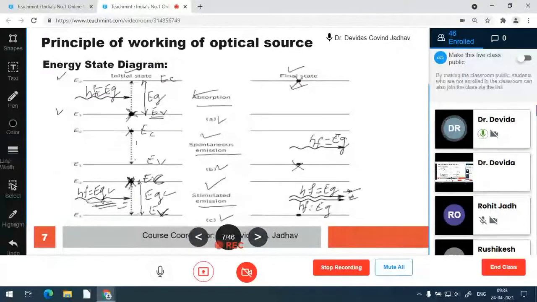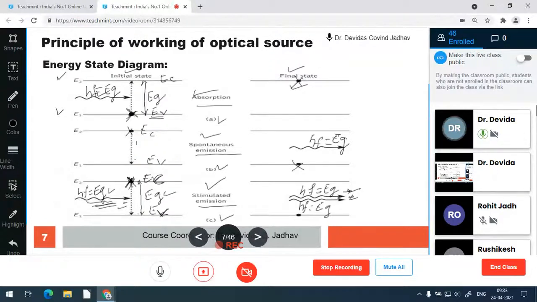Okay. So there is absorption, in which the charged particle jumps from valence state to conduction state. To jump from valence state to conduction state, the charged particle or atom requires energy equal to the gap energy. If this energy is externally provided to the atom or charged particle, the electron, then it will absorb that energy and jump. The outermost orbit electron will jump from valence state to conduction state.